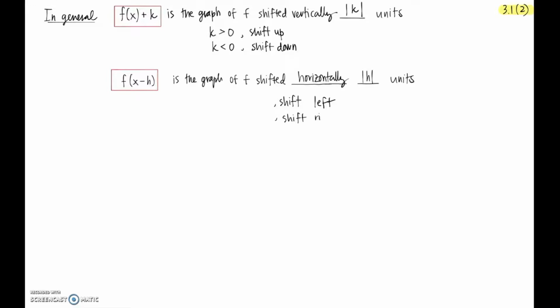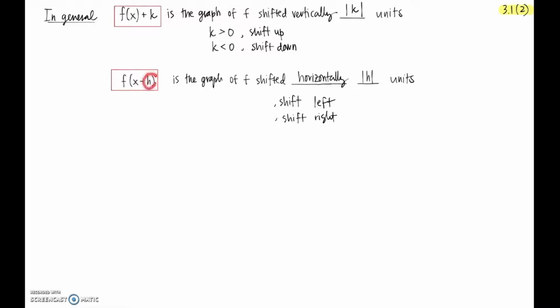Shift right. Okay, let's think about this. If, for example, h was a 2 right here, x minus 2, we saw that it's counterintuitive that it shifts to the right 2 units. The minus is already a part of our definition.